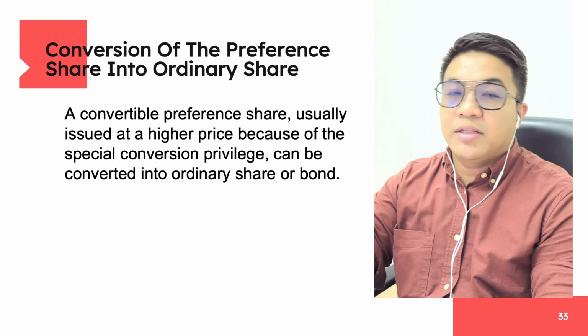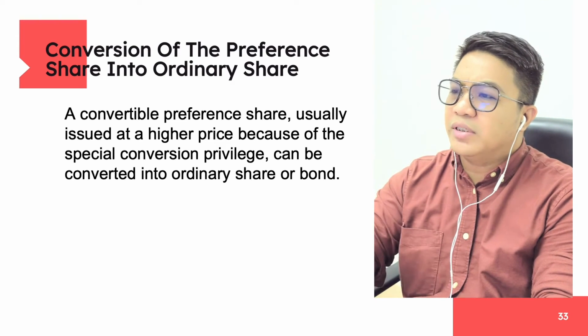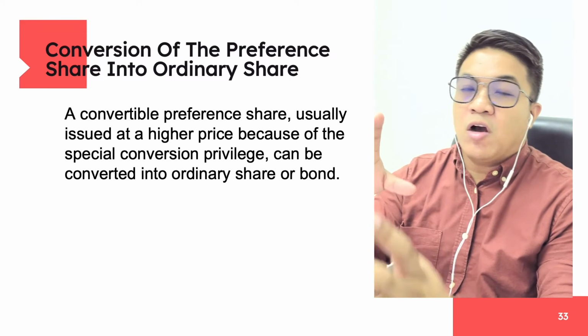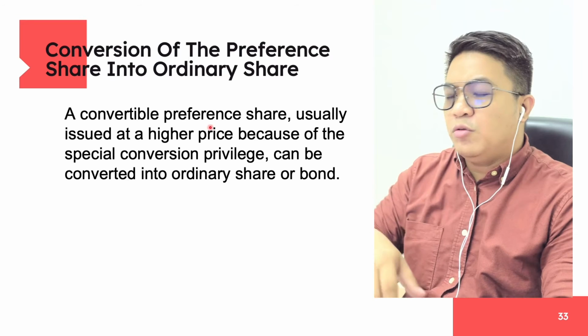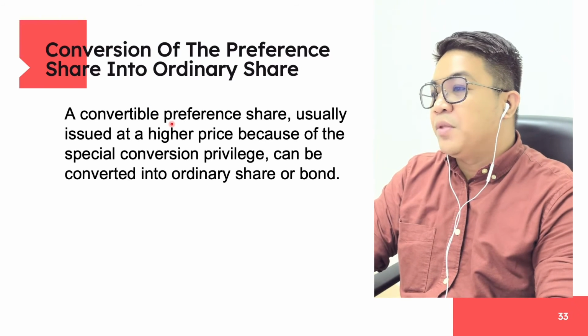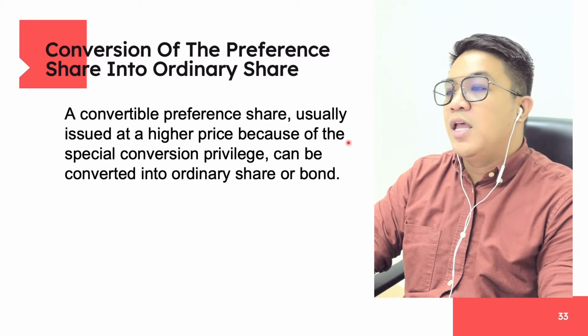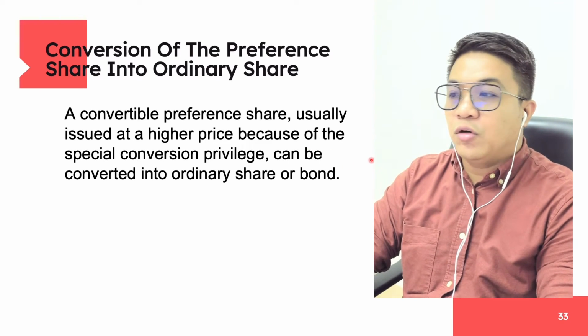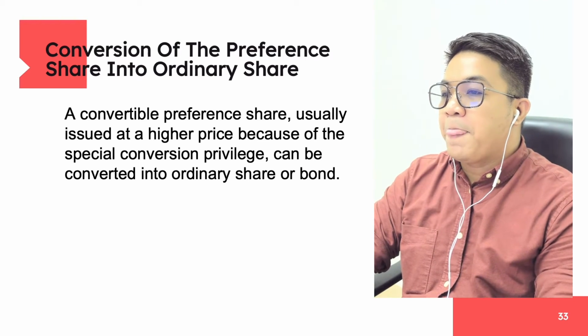How about, okay, number 5, I think na learning objectives natin. Let's discuss. What about this? No, yung ka-convert natin yung preference share into an ordinary share. So, ano ba yung theory behind it? So, a convertible preference share usually issued at a higher price because of the special conversion privilege can be converted into ordinary share or bond.